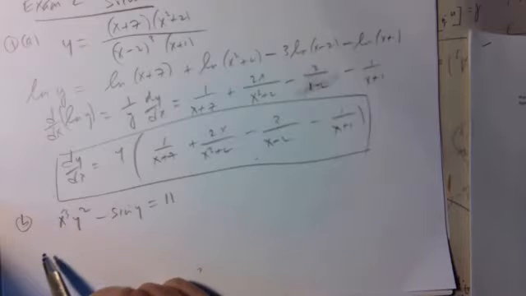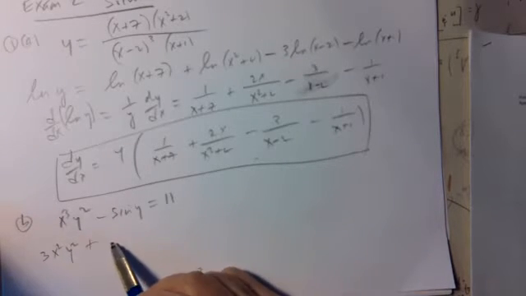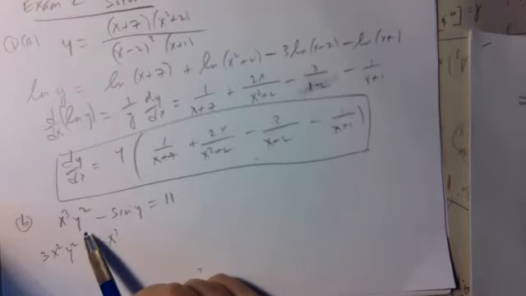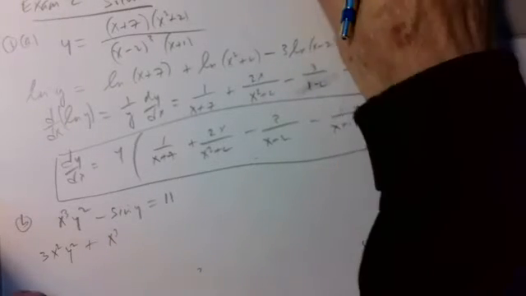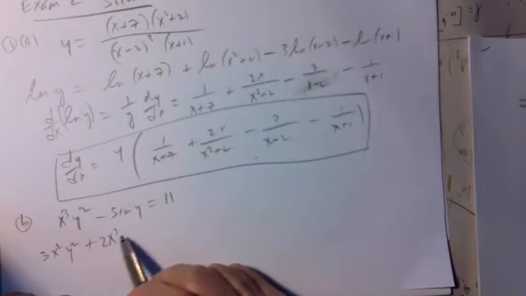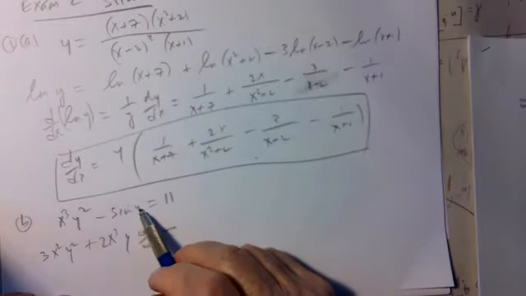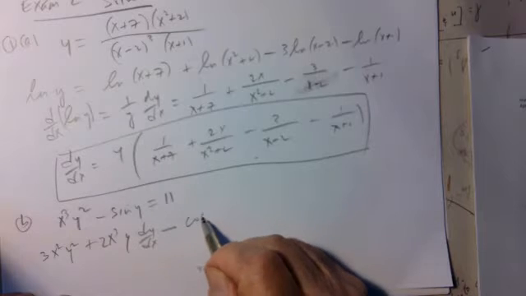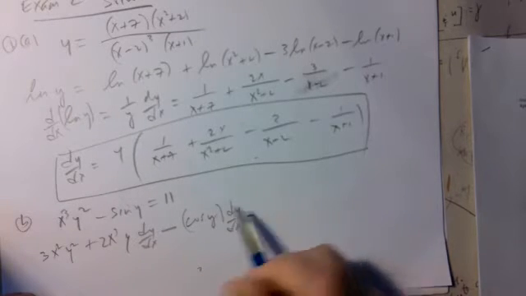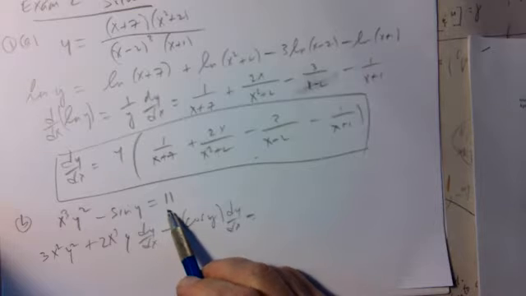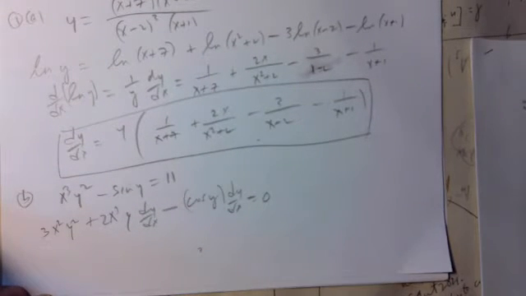The derivative of x cubed is 3x squared times y squared plus x cubed times the derivative of y squared with respect to x, which is 2y dy/dx, minus, when you differentiate sine y with respect to x, you get cosine of y times dy/dx, is equal to the derivative of the constant function 11, which is 0.